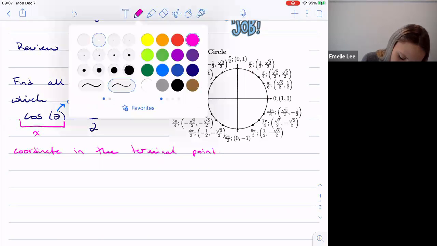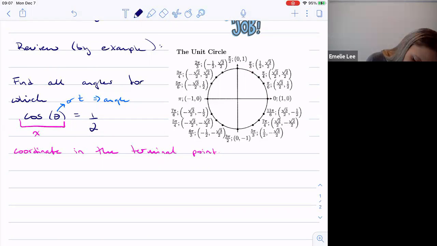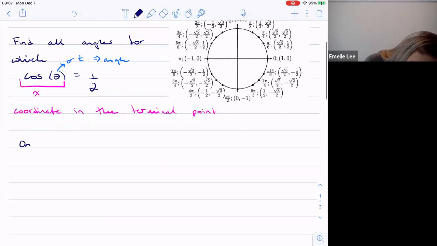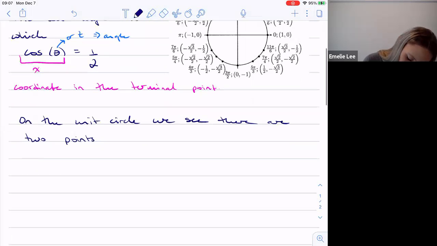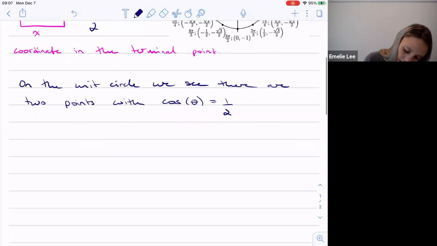Okay. So on the unit circle, we see there are 2 points with cosine theta equal to 1/2, right?